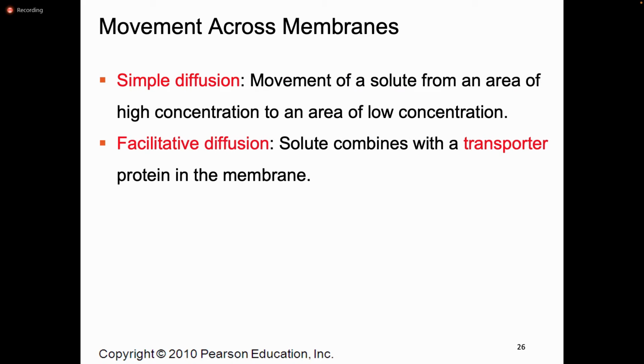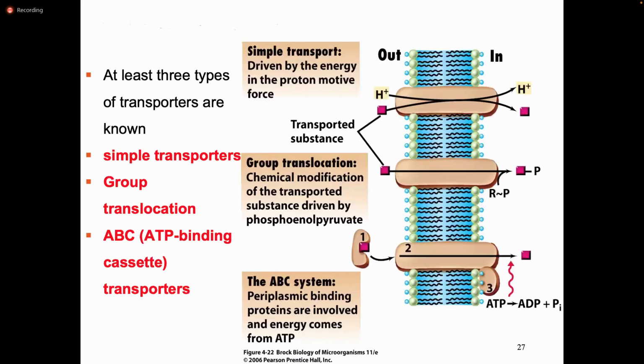Let me show you the three basic systems. A simple transport is energy coupled, with the transport protein transporting one molecule from outside to the inside of the cell. So this is called a simple transport.